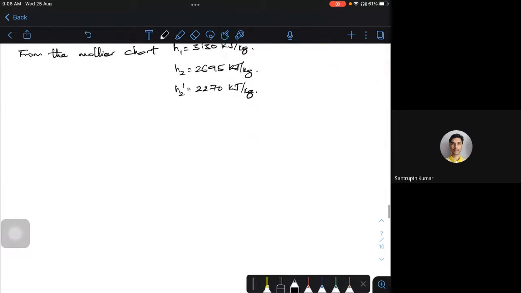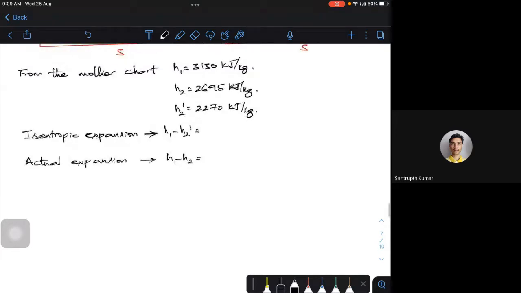Okay. Now delta H for isentropic expansion, what it is actually, it is H1 minus H2 dash. So similarly, for actual expansion, this will be H1 minus H2.